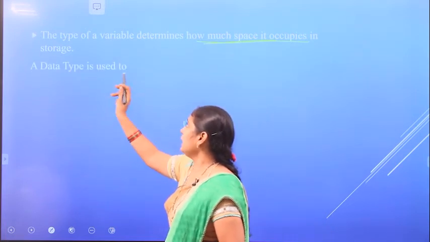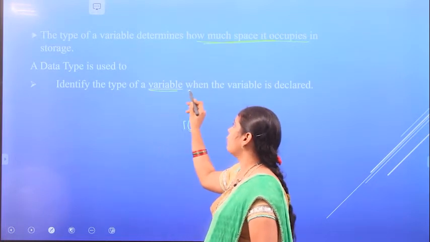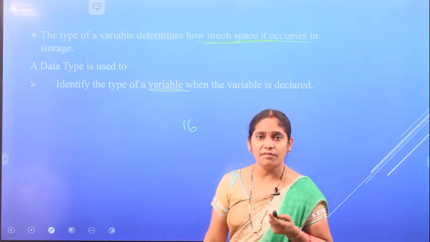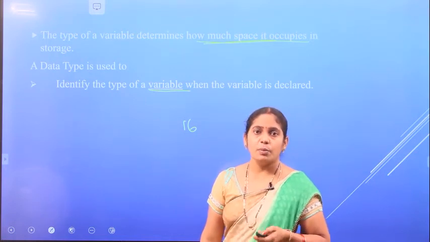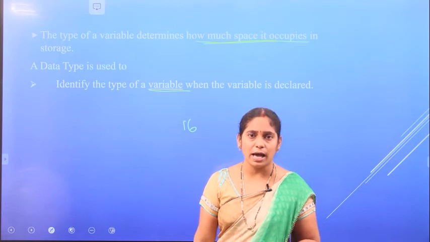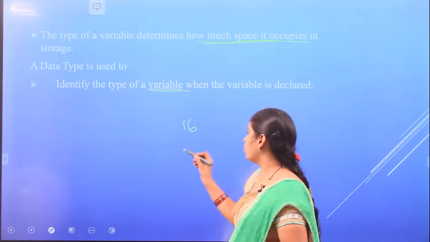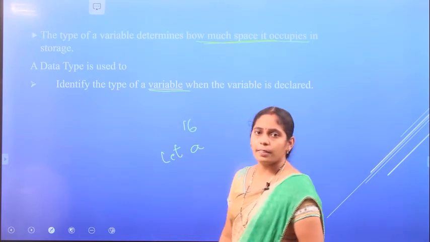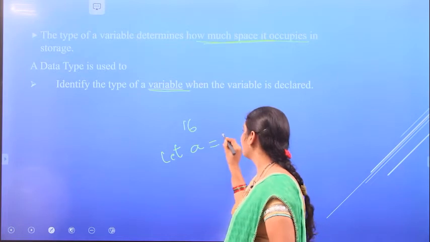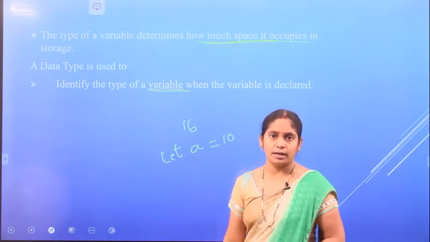Then, a data type is used to identify the type of variable. What is a variable? A variable is nothing but something which can change its value. Varying means changing. Suppose we take let a equal to 10.